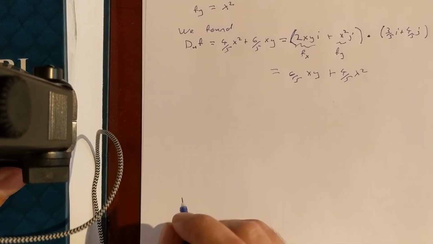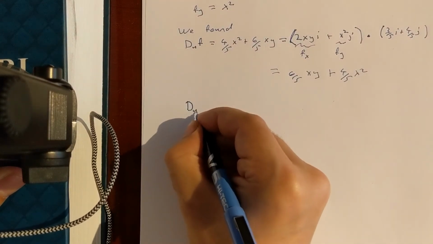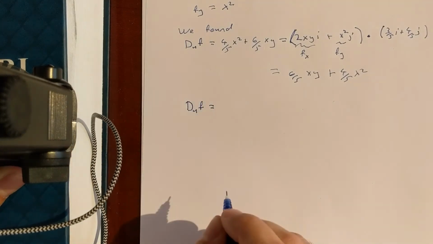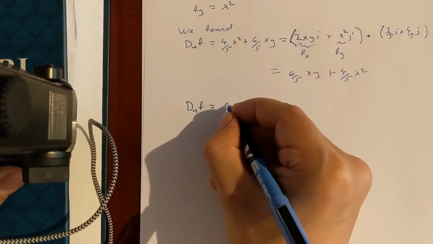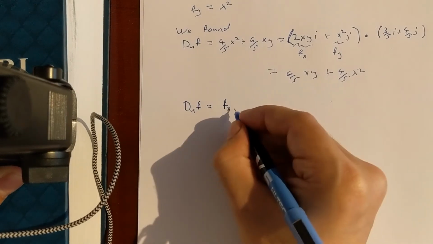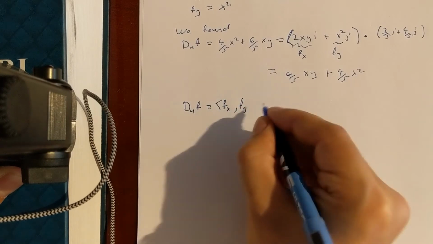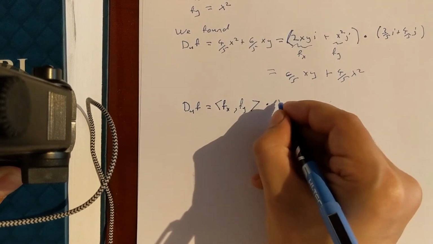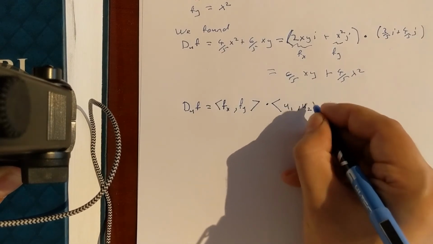So this is going to be our formula. We're going to say D_u f, and I'm going to prove this in a second, is going to be f sub x, f sub y as a vector. Remember, this meant f_x i plus f_y j, dot product u1, u2.